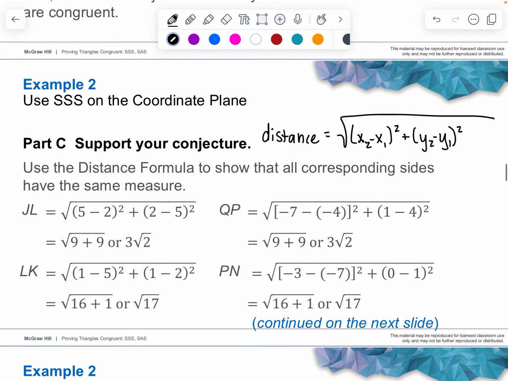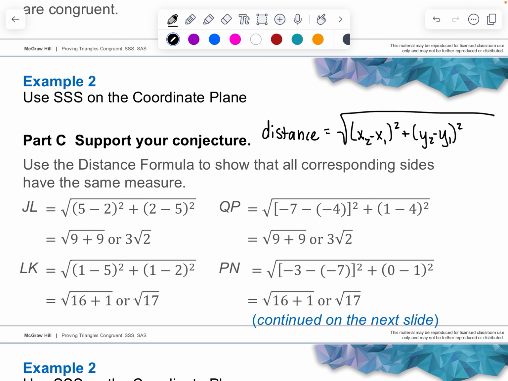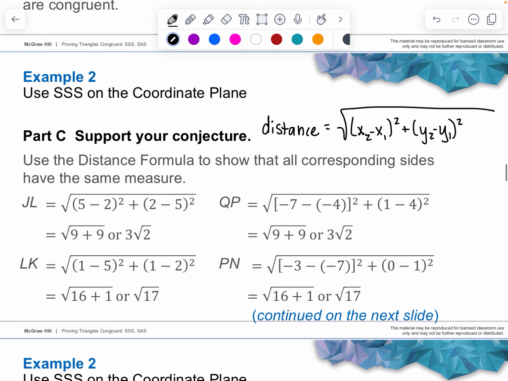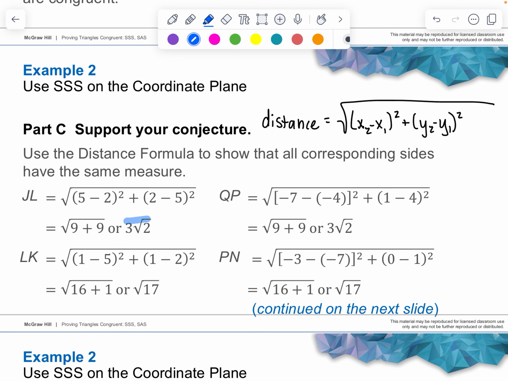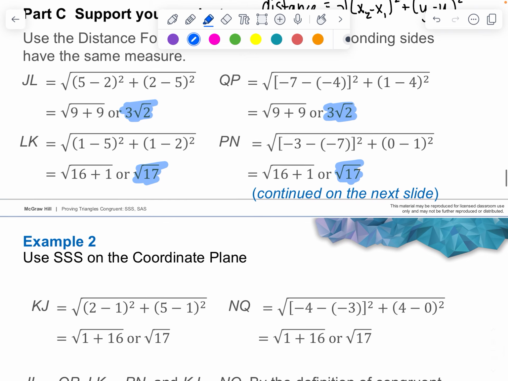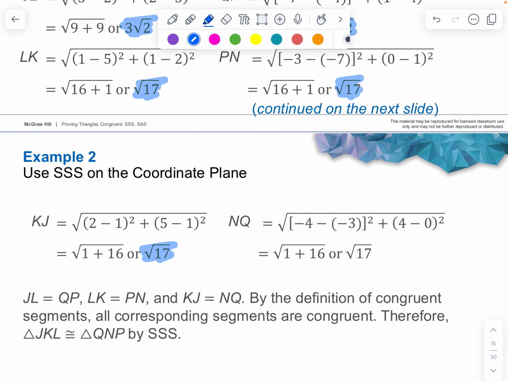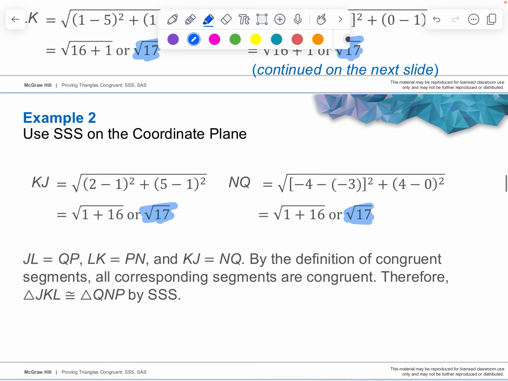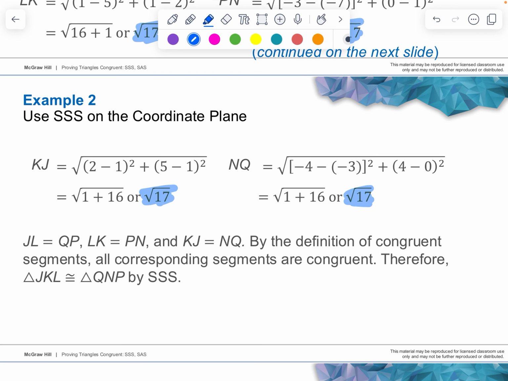And they have done all the math there for you and shown it worked out, and they have shown you that these match and these match and these match, which means by the definition of congruent segments, they are congruent. Therefore, triangle JKL is congruent to triangle QNP by side, side, side.